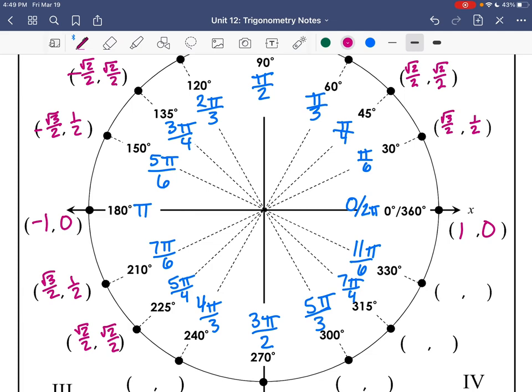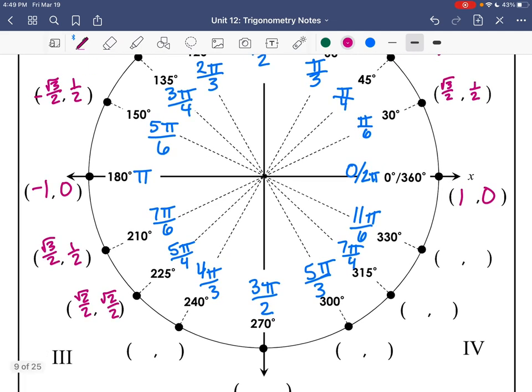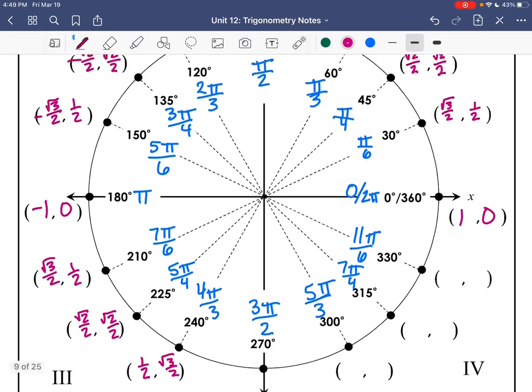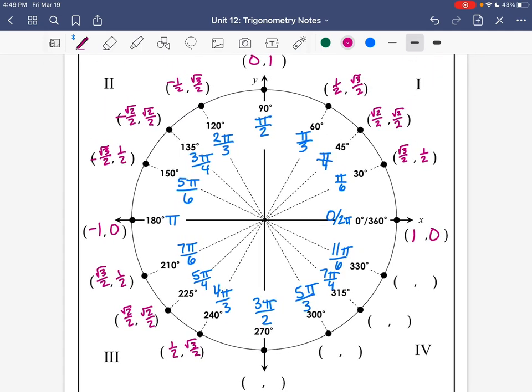Any of them that are related to 45, they're the same. And then 1/2 and square root of 3 over 2, and you can see up here that was the same as 120. Now that we're in the third quadrant, both the x and the y are negative. So I'm going to go back through and make all of these negative. And then 270 is, of course, the same as 90, only negative 1 because you went down.